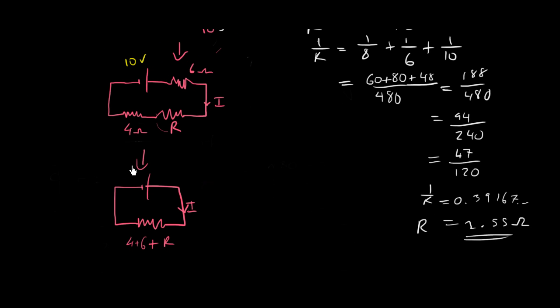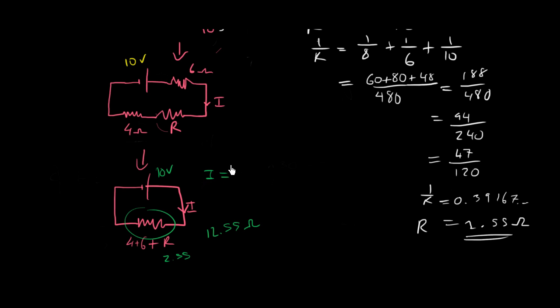So if this R here is 2.55 ohms, then the resistance of all of that together is 4 plus 6, which is 10, plus 2.55. So the resistance of everything together, this guy there, is the same as 12.55 ohms. So now I can use this and the fact that I know that this is 10 volts to find the current.